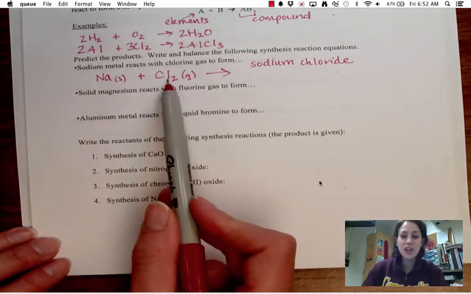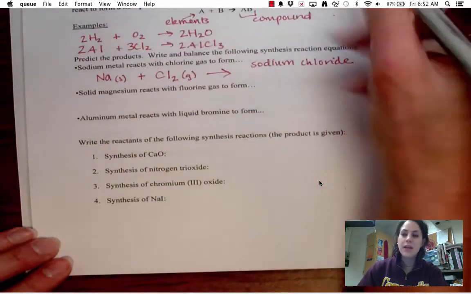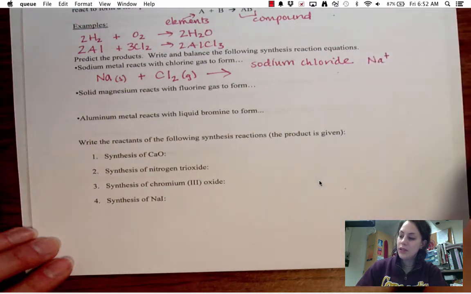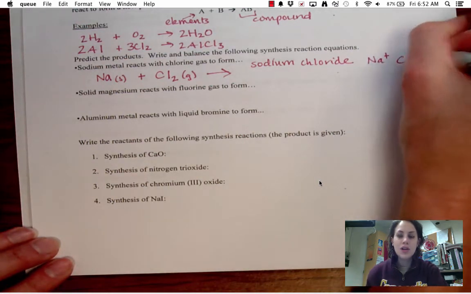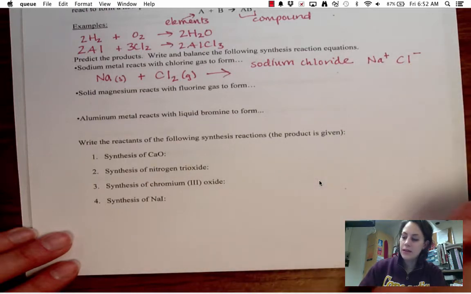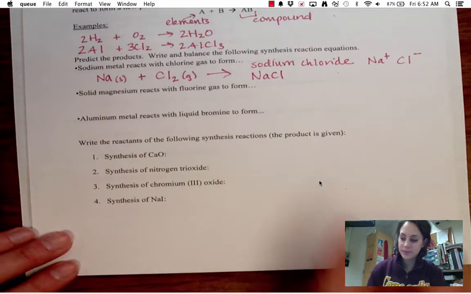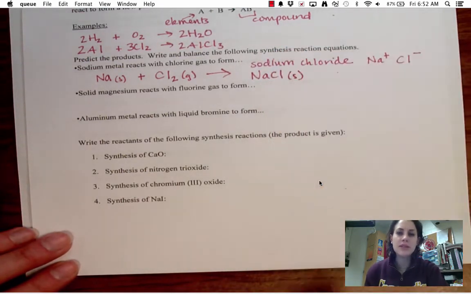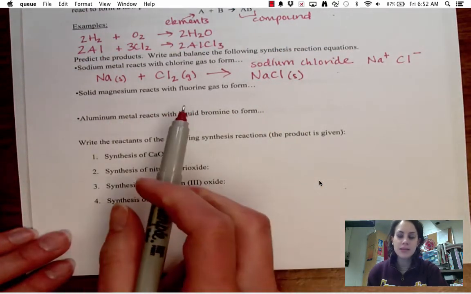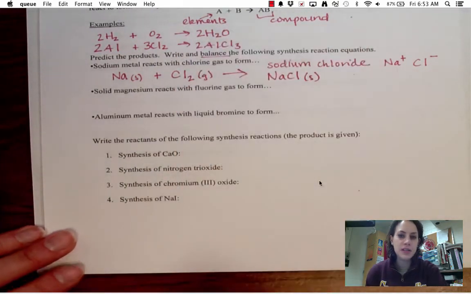And so I'm going to need to know the charges on those. So, sodium is a +1, and chlorine is a -1. So +1 and -1 cancel out. I get NaCl. Ionic compounds are going to be solids when they form from their elements like this. And now I can go ahead and balance. So I'll leave the balancing up to you. We'll get the skeleton equation written down.